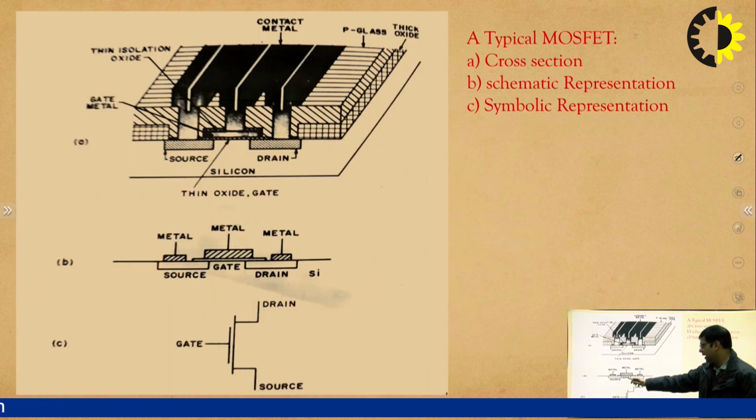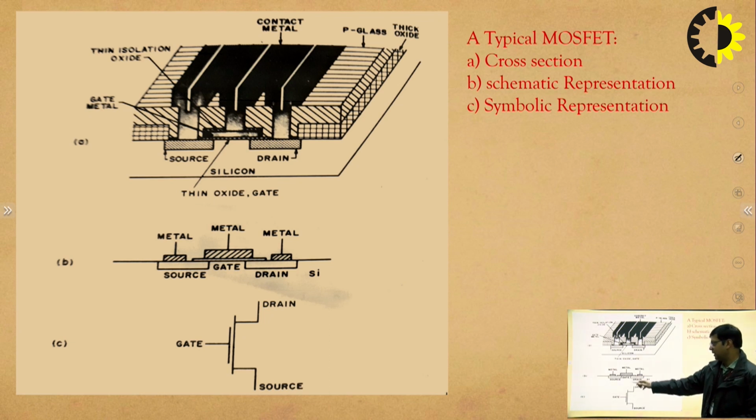Please also note that this gate contact is different from source and drain in a sense that there is a dielectric layer here in between the substrate and the metal. There is a dielectric layer, SiO2 layer, silicon dioxide layer, whereas our source and drain are directly in contact with the metal. So that is the difference between gate contact and other two contacts.